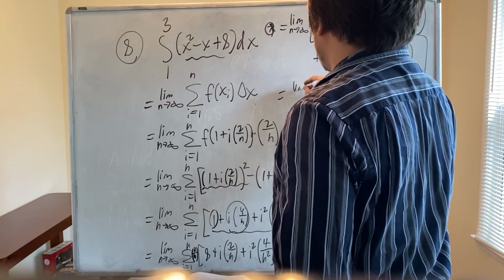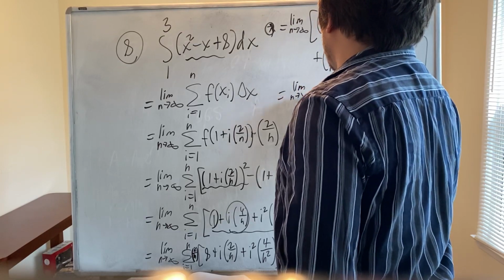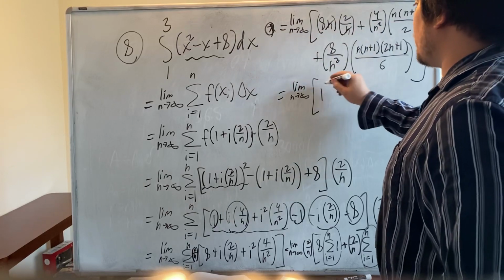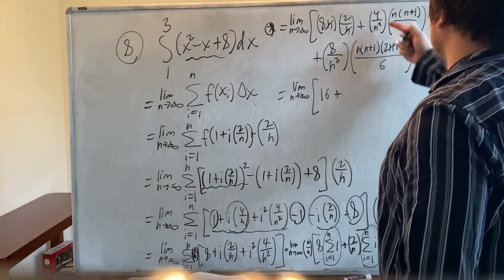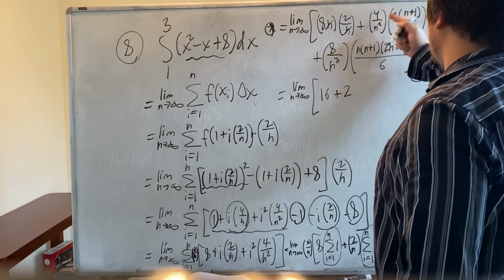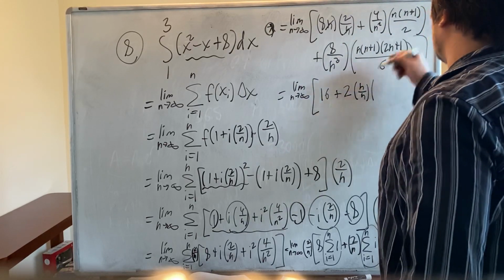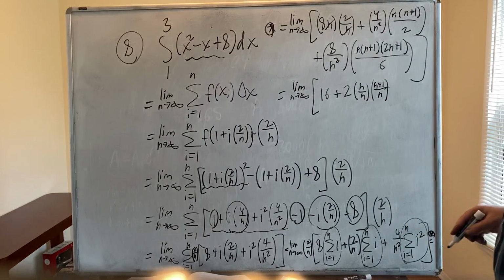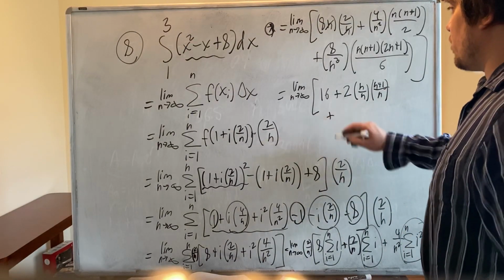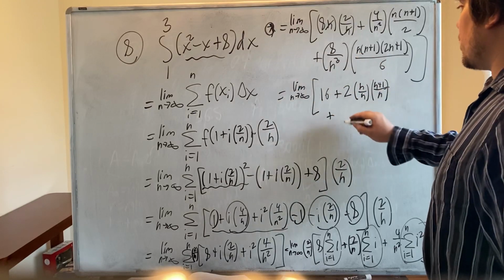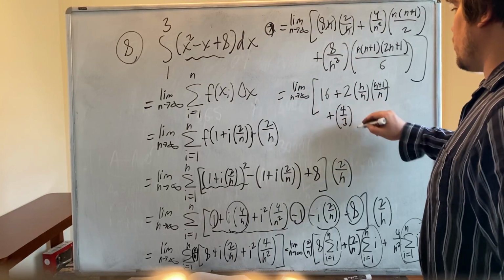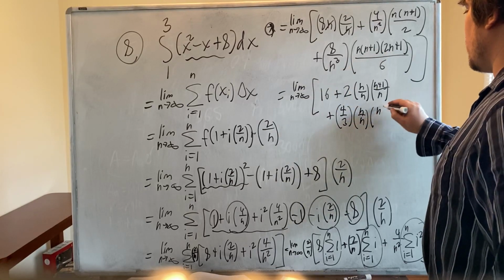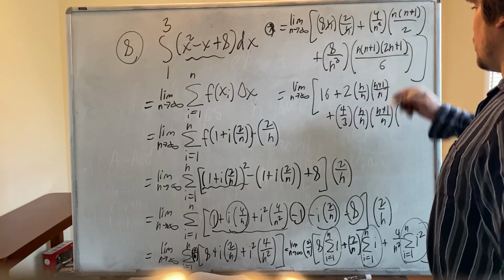This is equal to the limit as n approaches infinity. The n's cancel, and you get 8 times 2 is 16. 16 plus 4 over 2 is 2, times n over n times n plus 1 over n, plus 8 over 6, which is 4/3 in simplest form, times n over n times n plus 1 over n times 2n plus 1 over n.